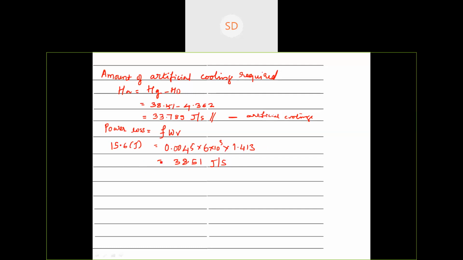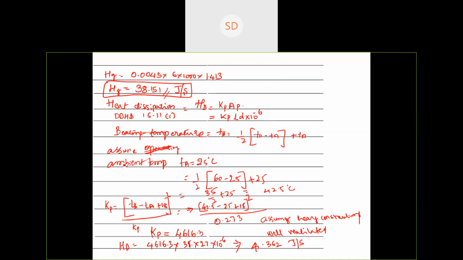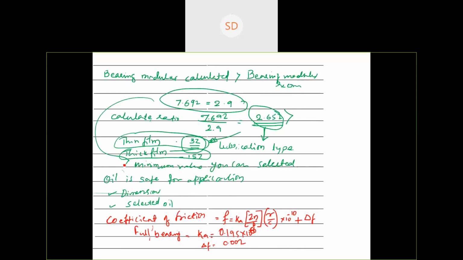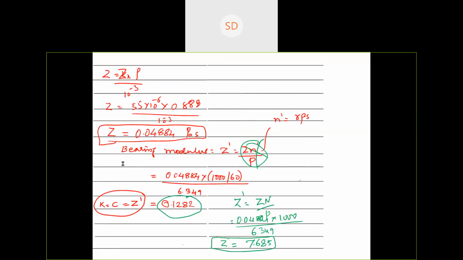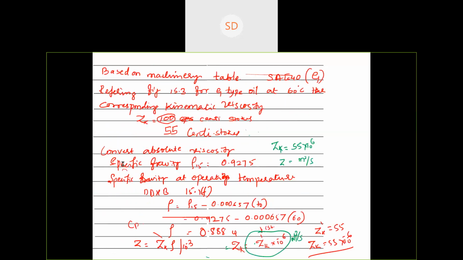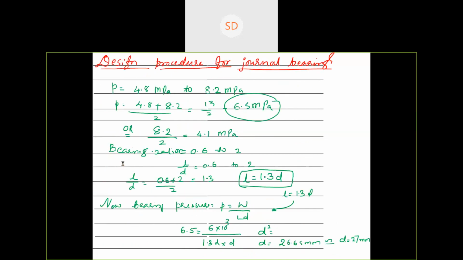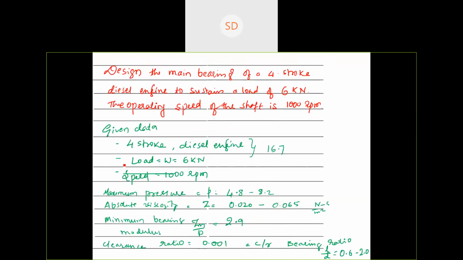So what is the next bit? Power loss is over. Next, what else do we need to calculate? Okay, minimum oil film thickness.